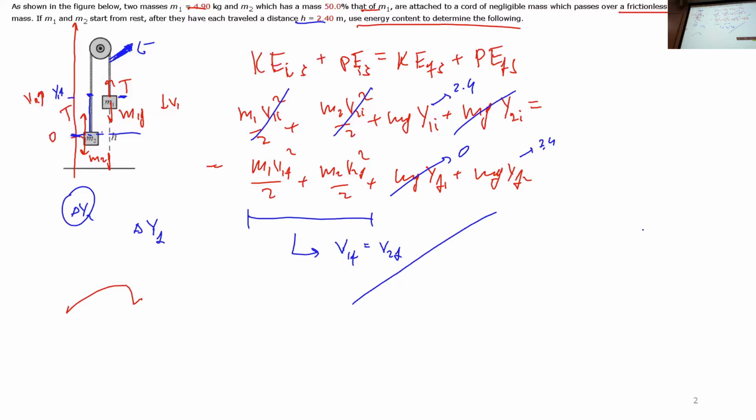Actually, I want to check something. Where is my empty slide? So if I look at this object only, and this object only, we've got force of gravity, we've got force of tension, and it travels down.